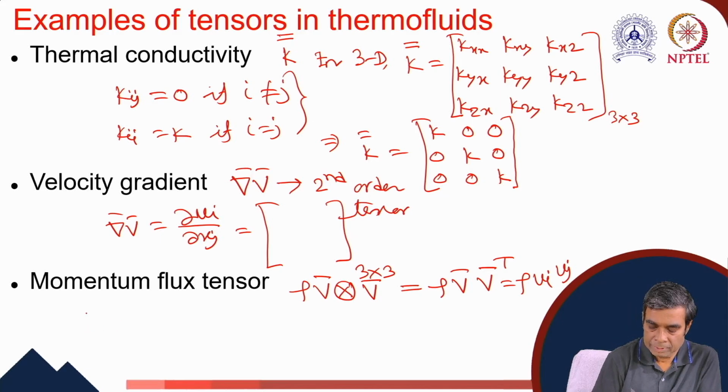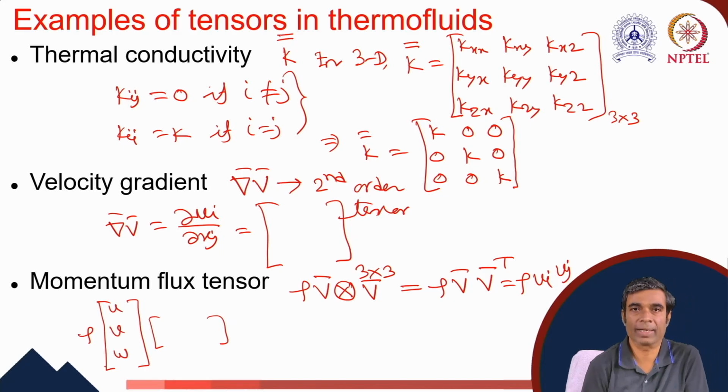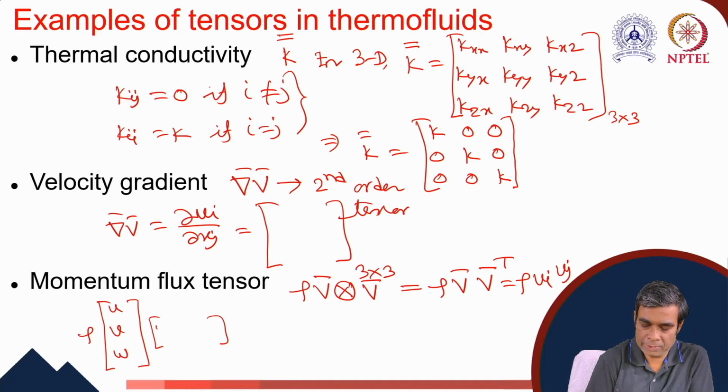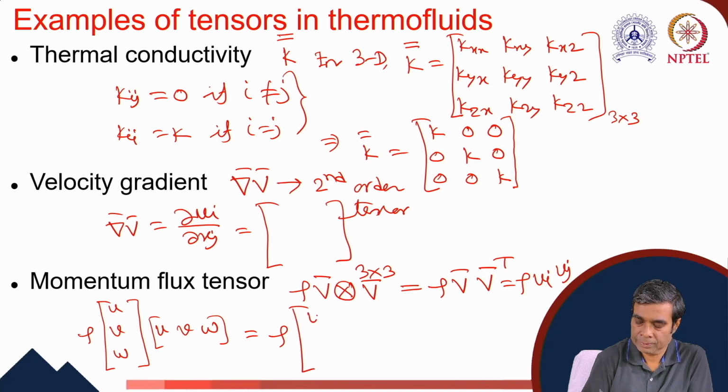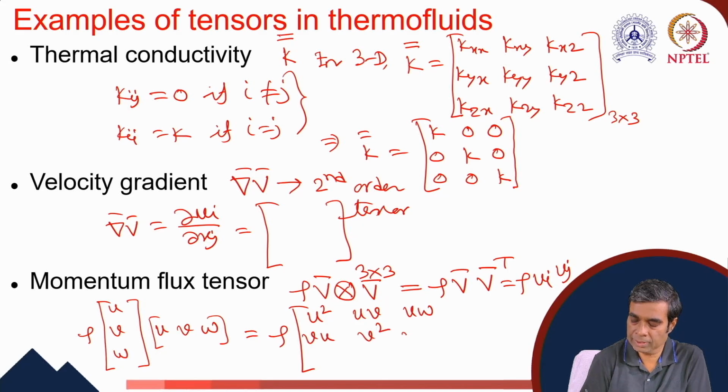So in matrix form, we can represent it as rho u v w as the column vector, where u v w are the components of the velocity vector, and then the transpose of this velocity vector is u v w as a row vector. Then from here we get the final matrix rho into u square, u v, u w, v u, v square, v w, w u, w v, w square.